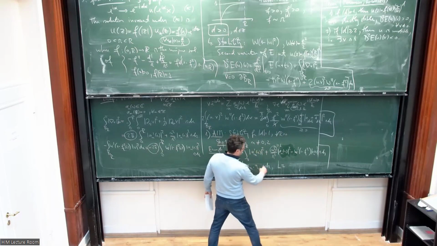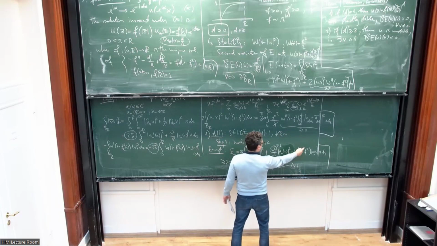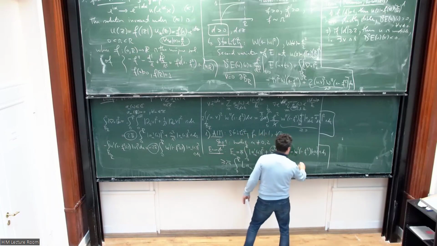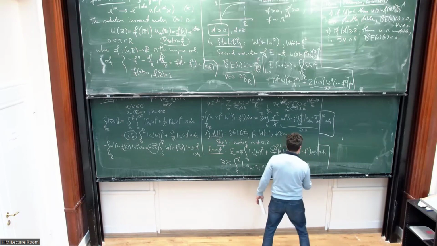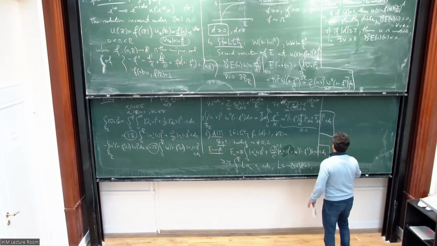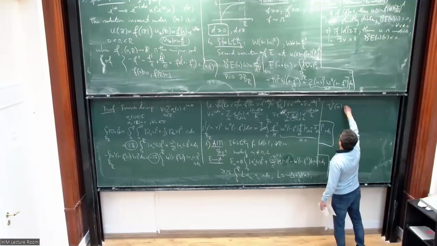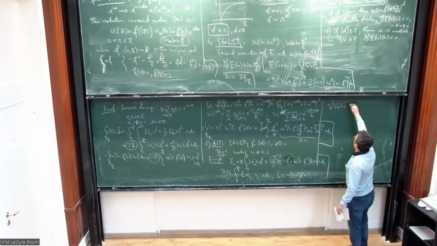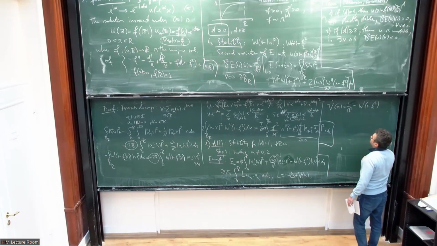From here I have the Laplacian, and then I have here a potential, the potential P, which is this guy: 1 over r squared minus w prime 1 minus f squared.